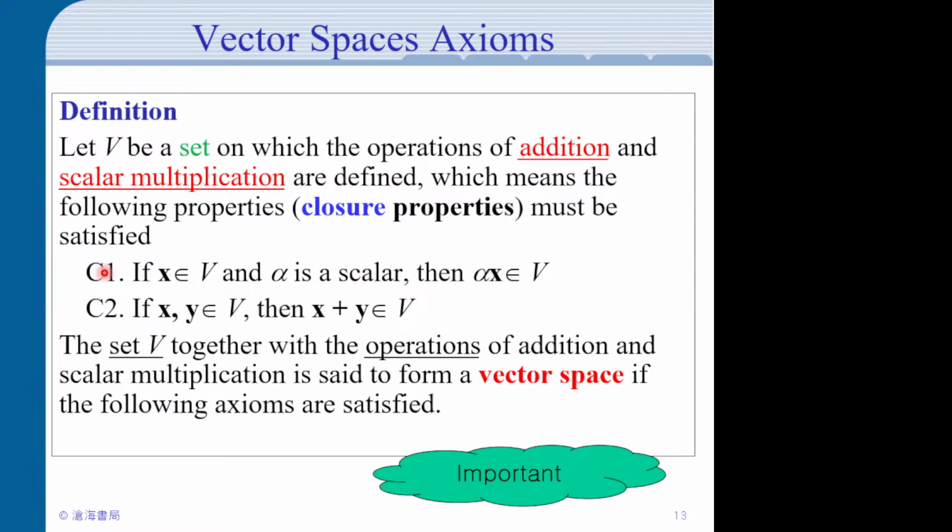Then you need to have a lot of properties satisfied to call it a vector space. First, those two operations should have the closure property. When you do those operations, you should still get something in your vector space: multiply a vector by a scalar and you are still in your vector space, and when you add two vectors, you still get something in your vector space.